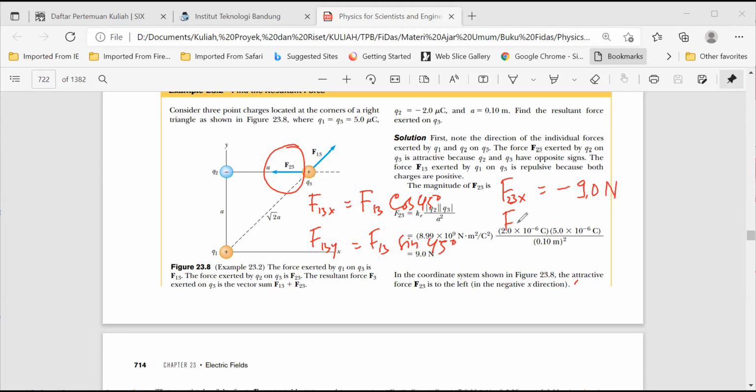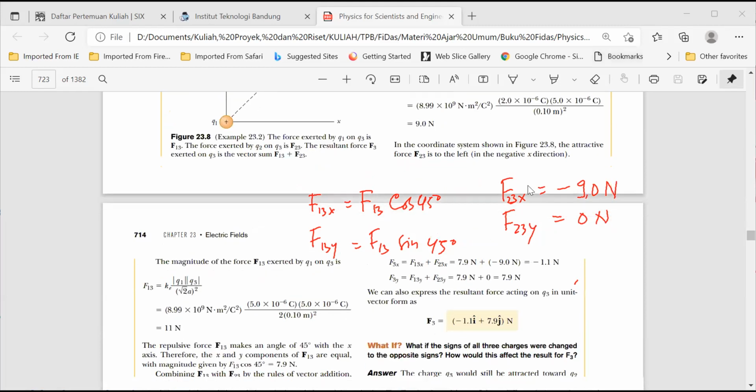Okay, and F23y, there is no y component on F23, so it simply means 0 Newton. Okay. Is there any question about this? Any question? Okay. So let us proceed.